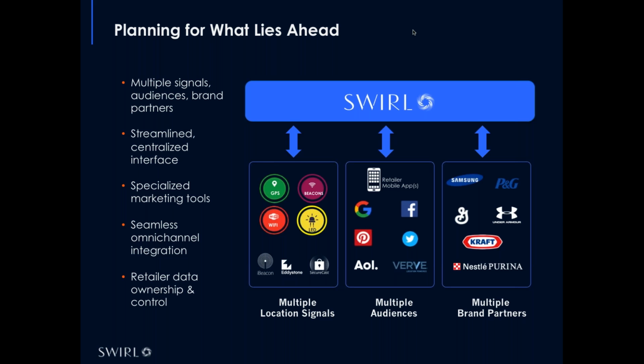And then finally, as I said, as brands come into this ecosystem, again, it's going to be important to find easy and seamless ways for retailers to extend access to those brands, but also control that access and make sure that they're the ones that are in charge of the overall user experience.